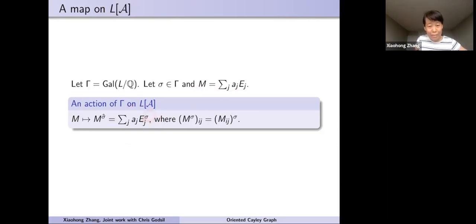Instead, for the entries, we apply the map sigma on them. It is just an entry-wise application of sigma. All the entries of M are in the splitting field L, and sigma is just an automorphism of the field, so everything is okay.